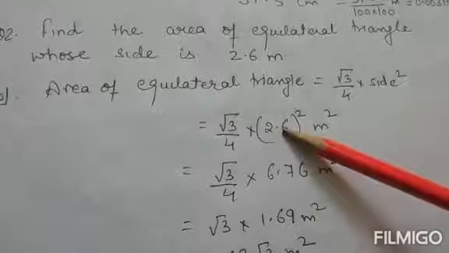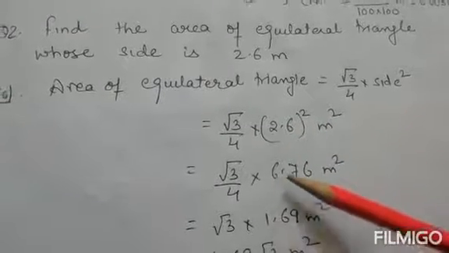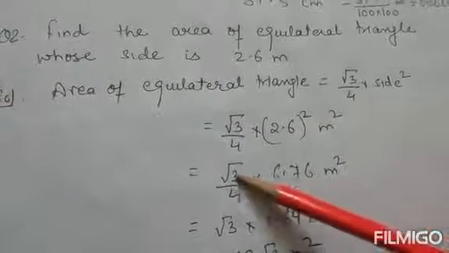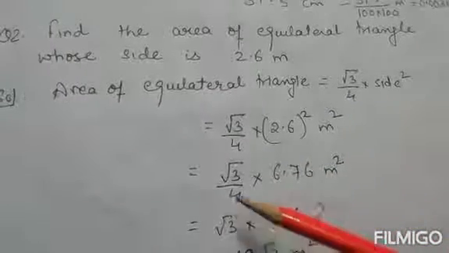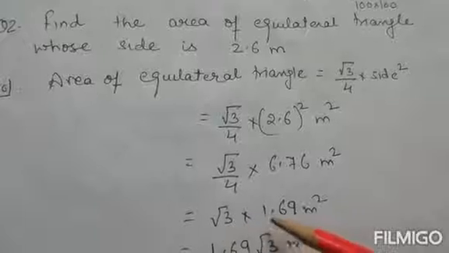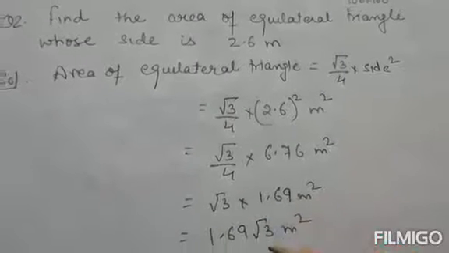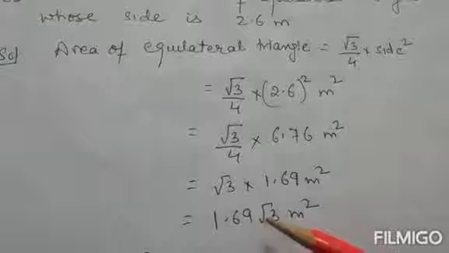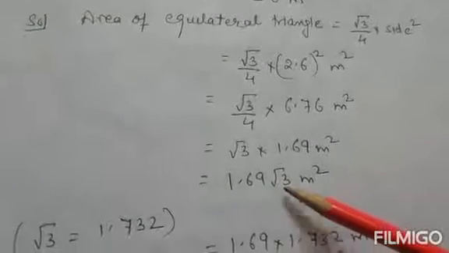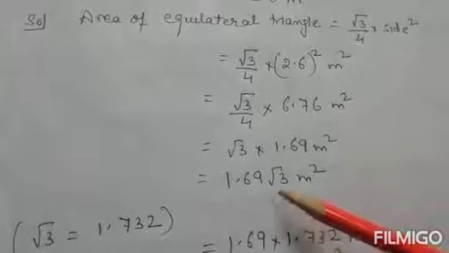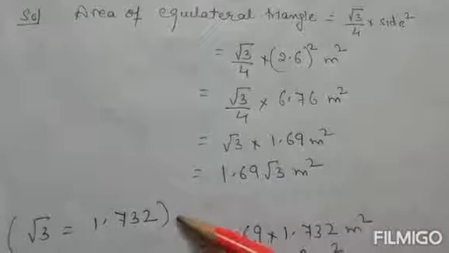First solve this 2.6 square, which is 6.76. So root 3 upon 4 multiply 6.76. Simplify up and down. You will get root 3 multiply 1.69, which can be written as 1.69 root 3 meter square. And students, value of square root 3 equals to 1.732.